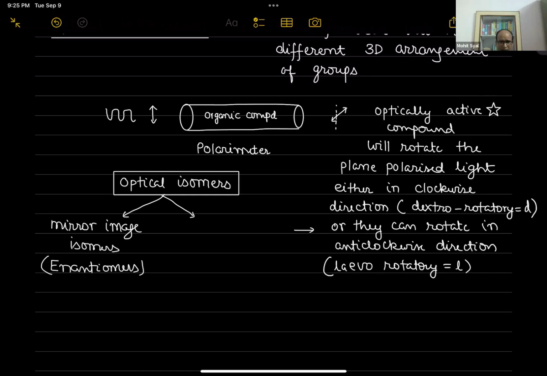Or there could be another type of optical isomers which are not mirror images, and they are known as diastereomers. Is it clear? The same thing you are going to write in your organic compounds also. Is that clear or not?